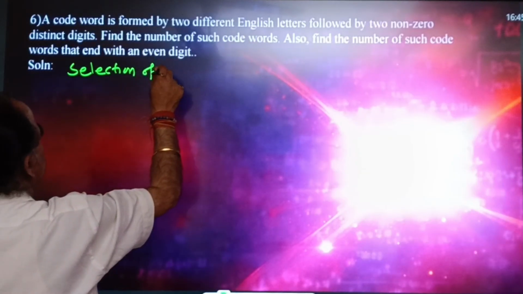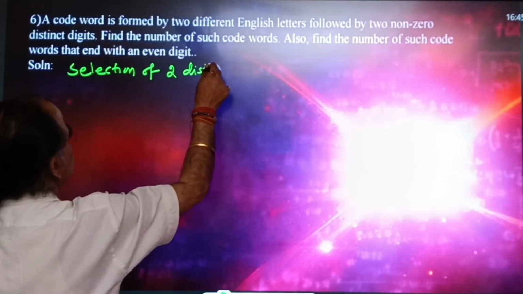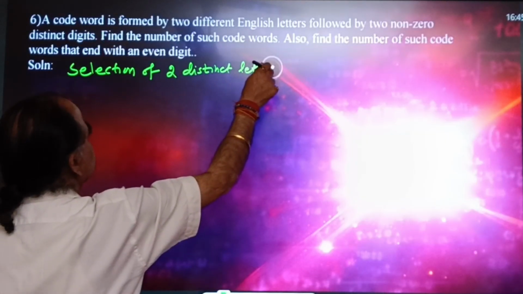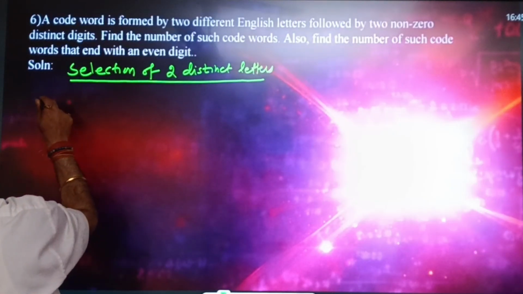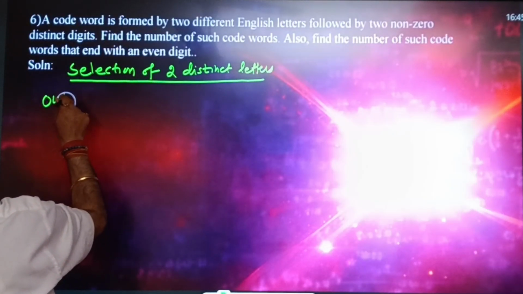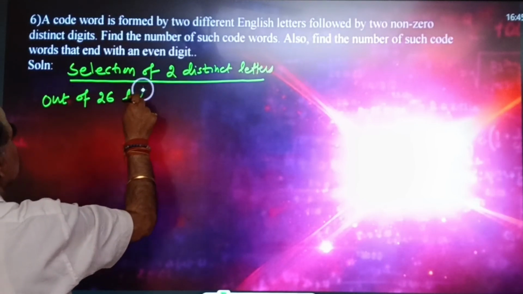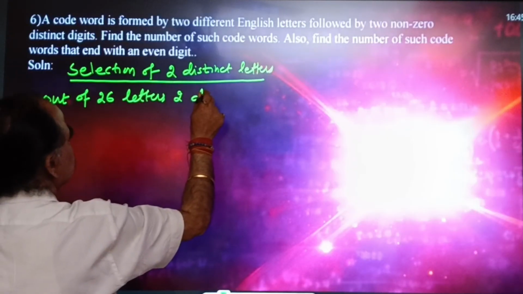Selection of two distinct letters out of 26 letters.